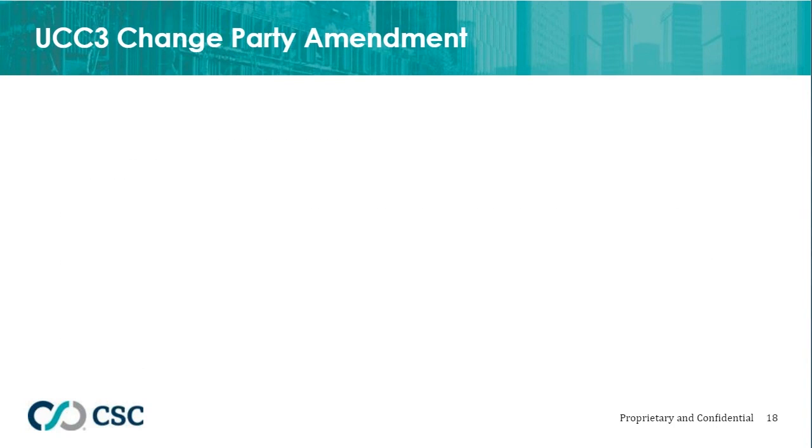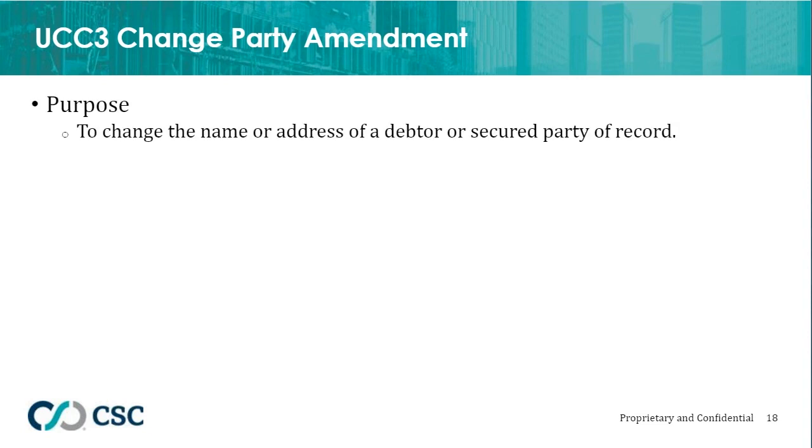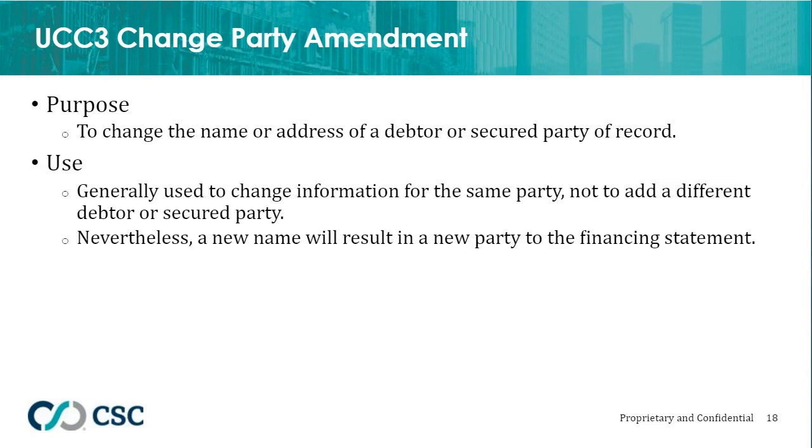Another type of party amendment is the change amendment. The purpose of this amendment is to change the name or address of either a debtor or a secured party of record on the financing statement. This type of amendment typically applies to a party that is already of record. So it'll apply to a debtor or to a secured party that's already on the financing statement.